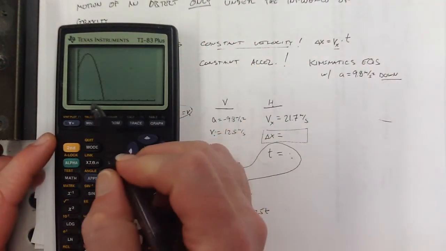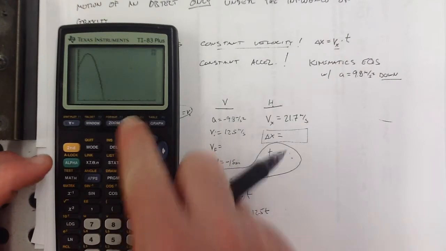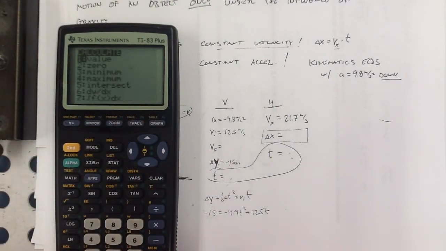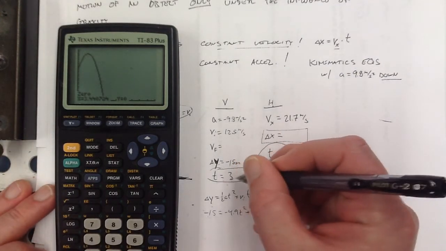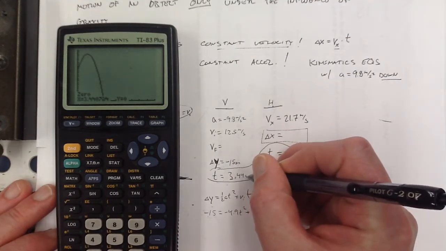So we need to figure out where it gets to the ground here, what the time is here. That looks like it's between 3 and 4, so I'm going to go do my second calculate and find that 0. And I don't want to play the cursor game. I know it's between 3 and 4, so I'm just going to type those in. So 3.44, I'll stick with my 3 sig figs, 3.44 seconds.